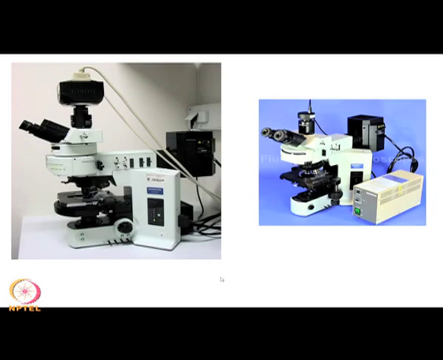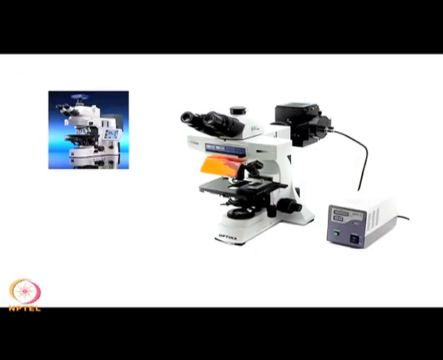So these are the photographs of various imaging devices. This is an Olympus microscope. You see that you have your sample over here, and this is an inverted microscope. Then this is from Zeiss.